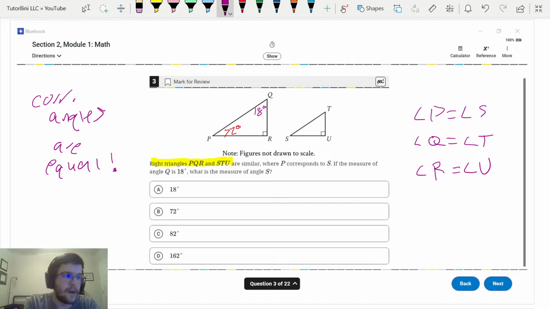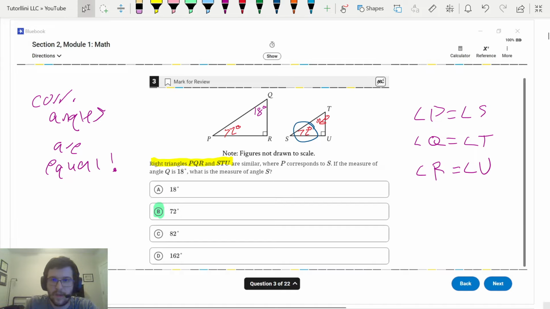So T is equal to 18 because it's equal to angle Q, and then S is equal to 72. And the question is asking us for angle S. So that's 72. So the answer is 72. And that is B. All right. Let's keep moving.